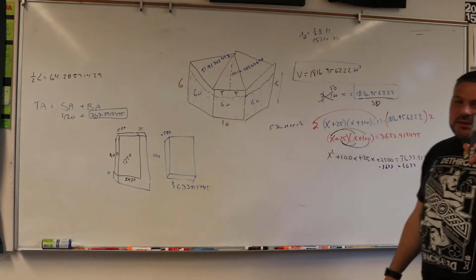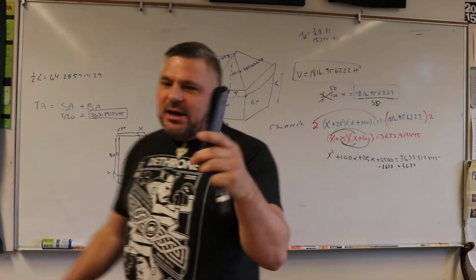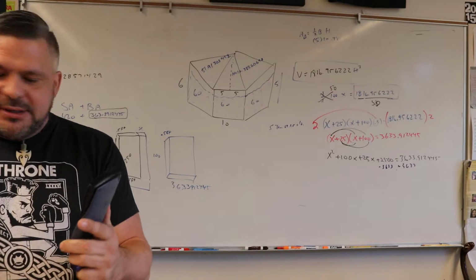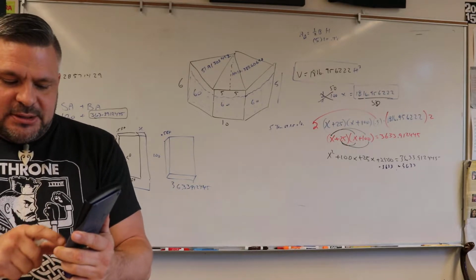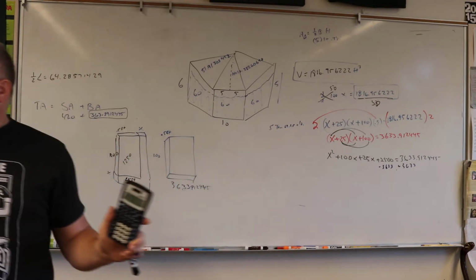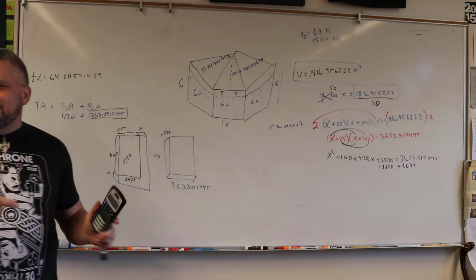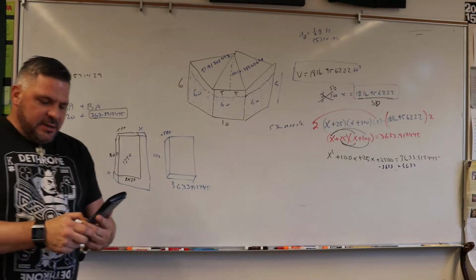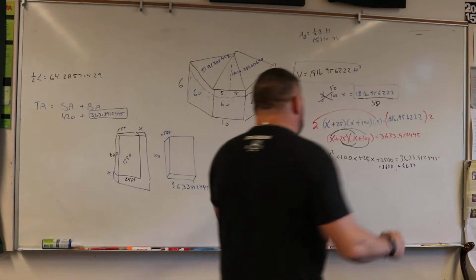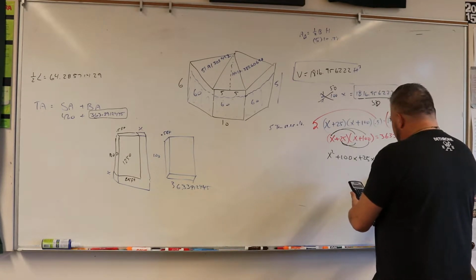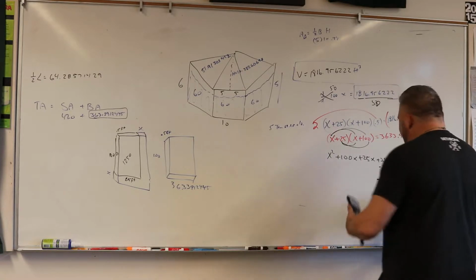In other words, since it's already in my calculator, I'm just going to hit negative answer plus 2,500. Because what does that do? You made it negative, so it's really subtraction. Does that make sense? Hit equals, and now I've got my negative 1133.912445.